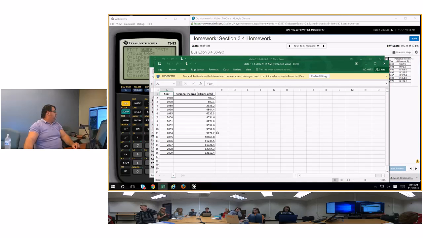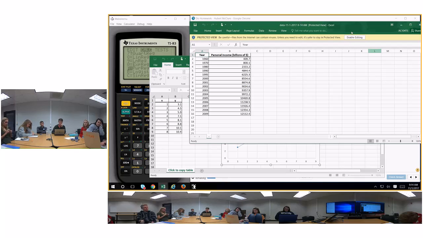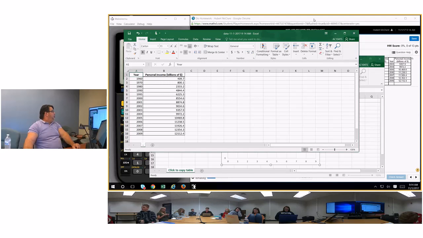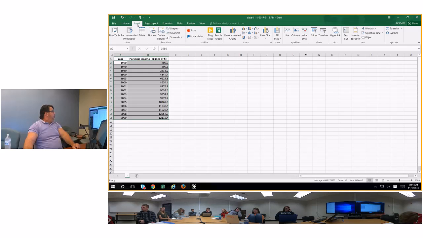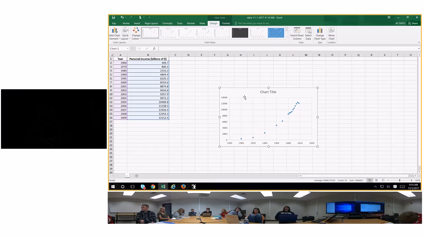There it is. And enable. And insert. And of course, if you want to make it bigger, you can make it bigger.